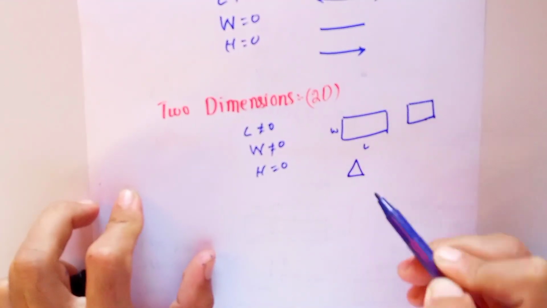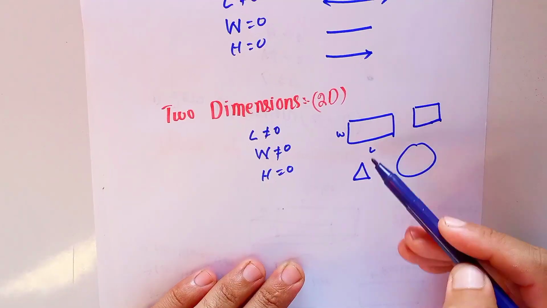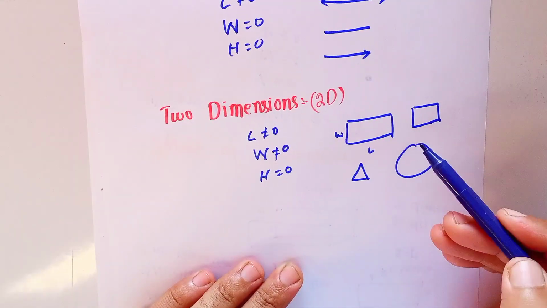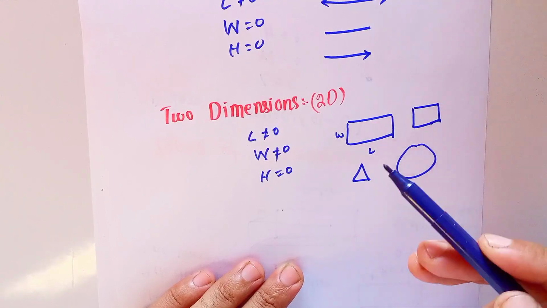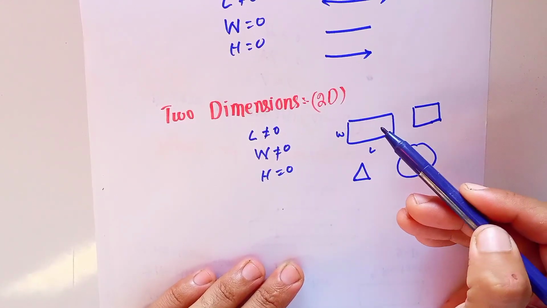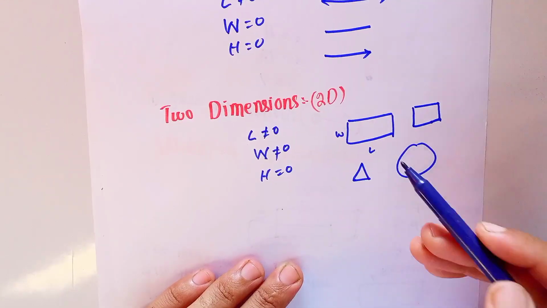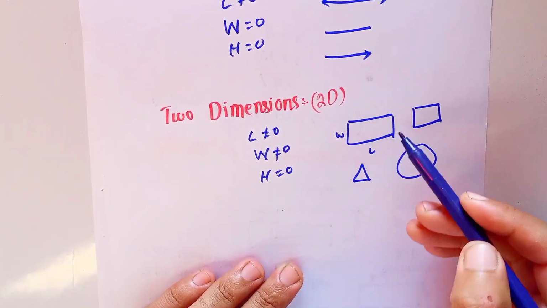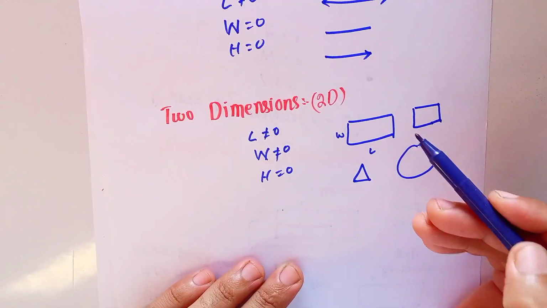Rectangle, circle. All of these figures have two dimensions, and these are called two-dimensional objects or two-dimensional figures.